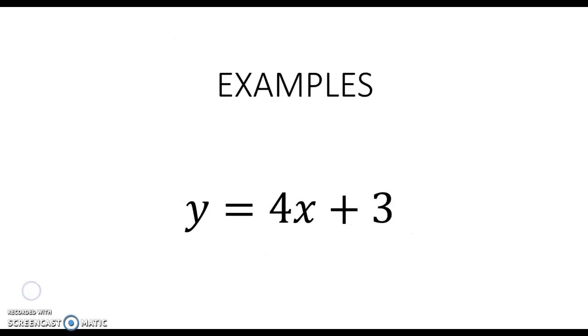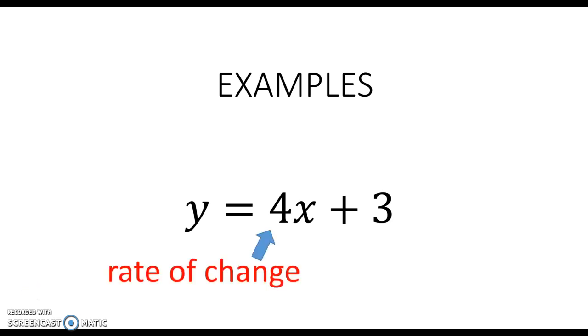Before we talk about verbal descriptions, let's look at an example of an equation. We have y equals 4x plus 3. This is on your note page. The 4, or the number with the x, is the rate of change. It is the slope. Every time we make x bigger by 1, we're going to be making the y bigger by 4 because we're multiplying that x by 4.